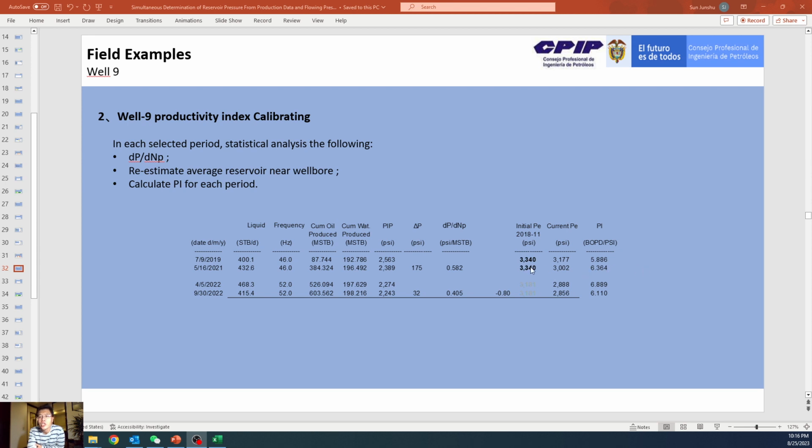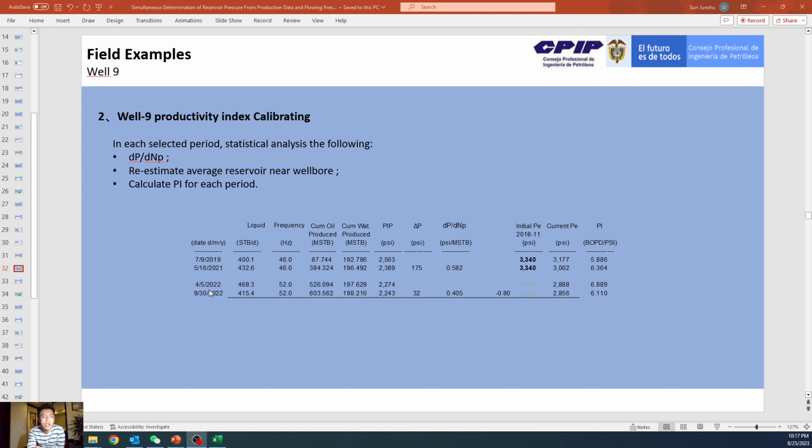Using the initial pressure, we calculate the average reservoir pressure around the wellbore as 3,177 psi and 3,002 psi respectively. And the productivity index is around 5.9 to 6.3 barrels per day per psi.